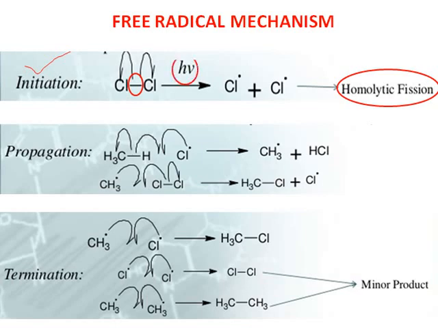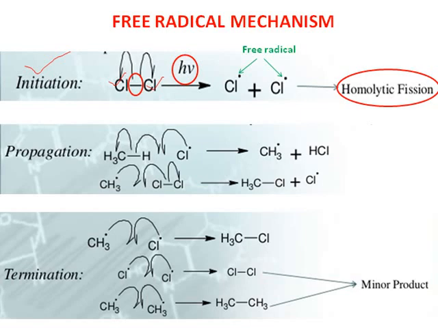One electron goes to one chlorine atom and the other electron goes to the other chlorine atom, and we get two chlorine free radicals. So at the initiation step the chlorine free radicals are produced. These are the initiators of the reaction.